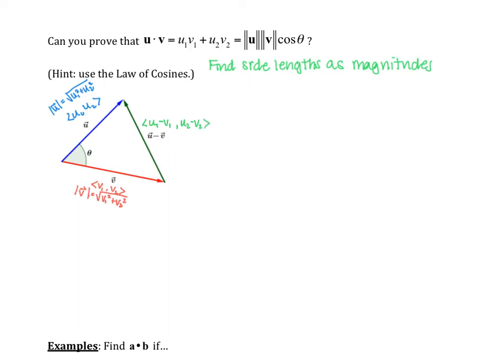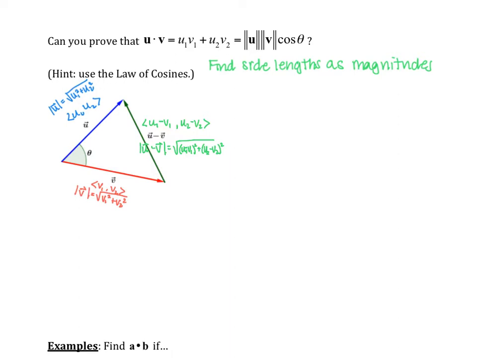And so the magnitude of vector u minus vector v would be the square root of u1 minus v1, squared, plus u2 minus v2, squared. Do you agree with that?